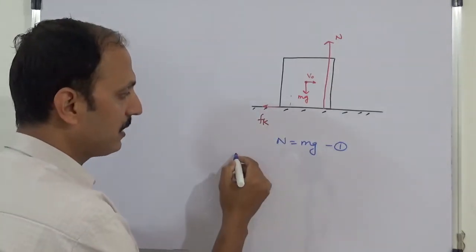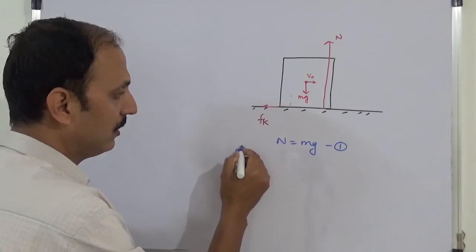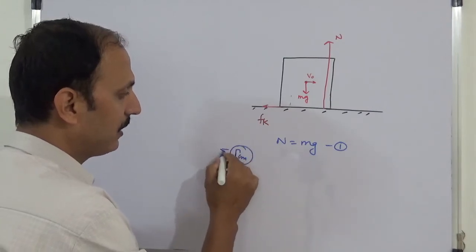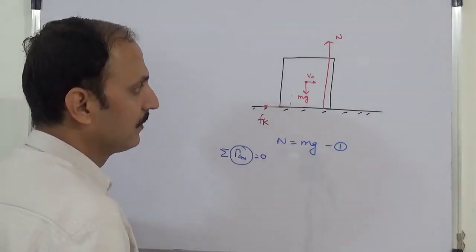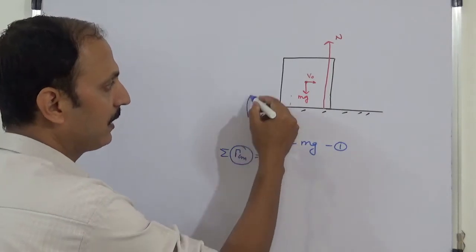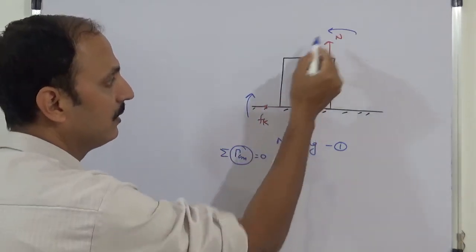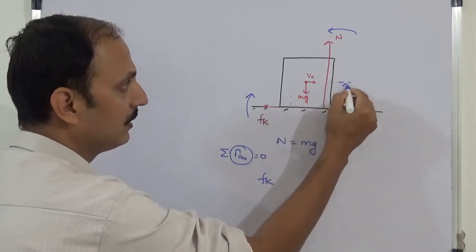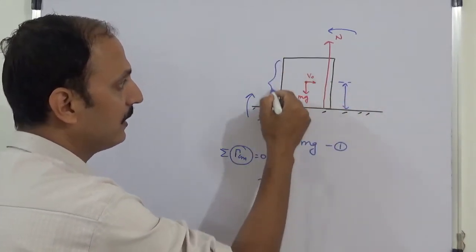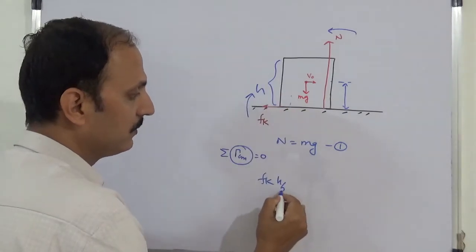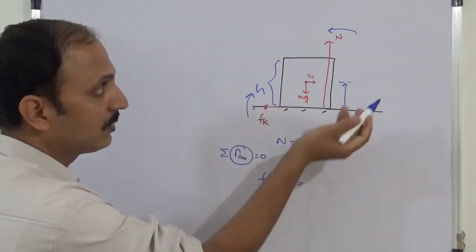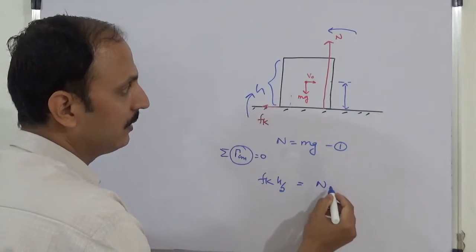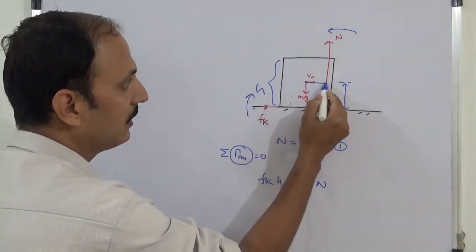This is not rotating, this is in pure rotational equilibrium. So torque about center of mass I am writing. Torque about center of mass has to be 0. Due to Fk torque aise hoga, due to n aise hoga. So Fk into this whole height h given, so this is h by 2. This must be equal to torque due to n. So n into, let's say this distance is x.